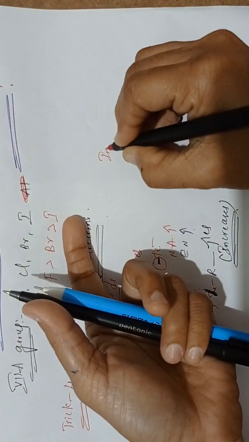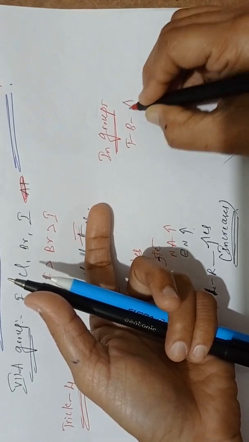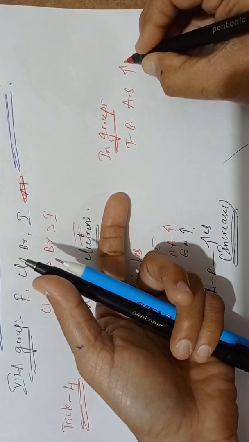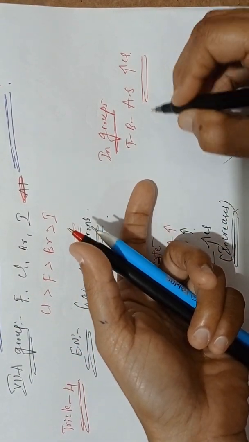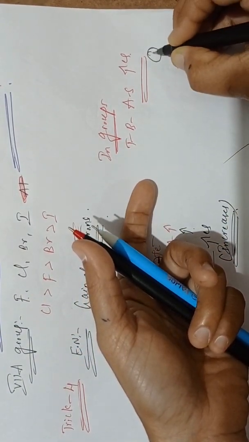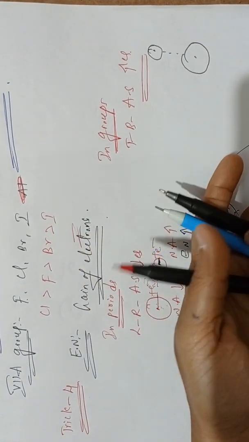What about in groups? Top to bottom, atomic size increases, from a small atom to a bigger atom.